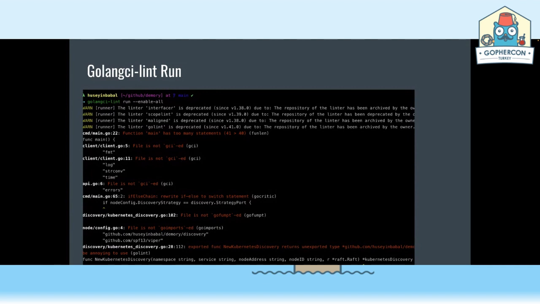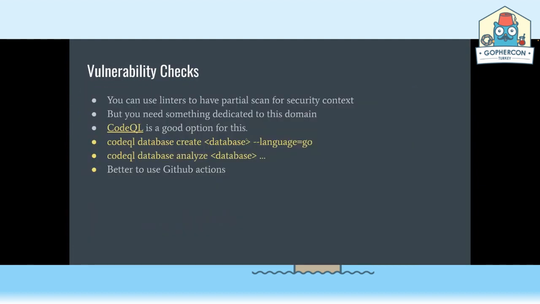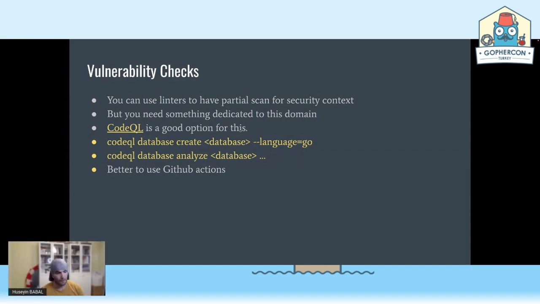If you have 41, as in my case, you see I got this error. If you have more than 40 lines, then it seems that you need to extract this logic into some other set of sub-functions. This is in my terminal, but of course, it should be automated in a different way. We will see it.